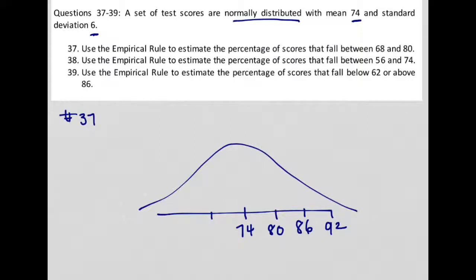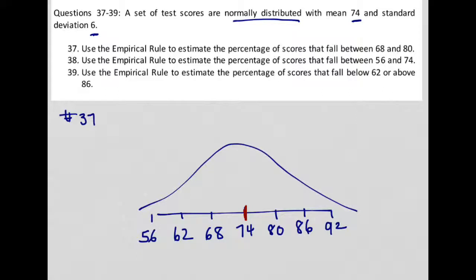And 6 below 74 would be 68, and then 62, and then 56. Okay, so what we have is our center, which is 74, that's the mean, and then I've marked 3 values above the mean and 3 values below the mean.